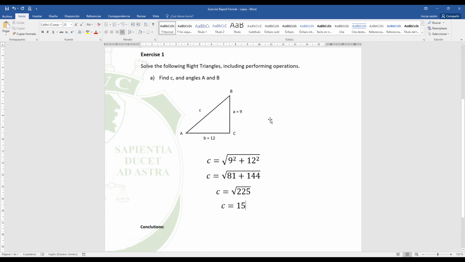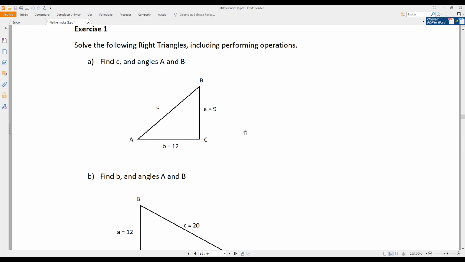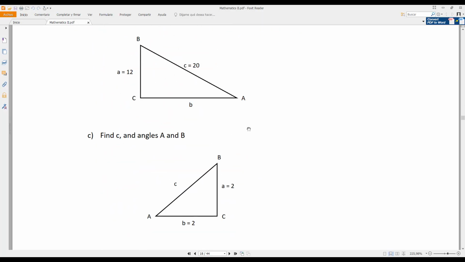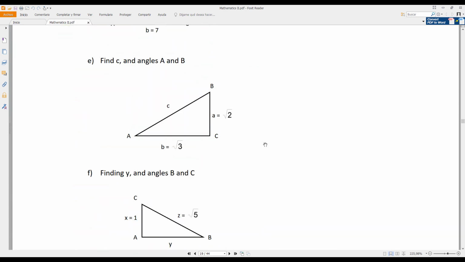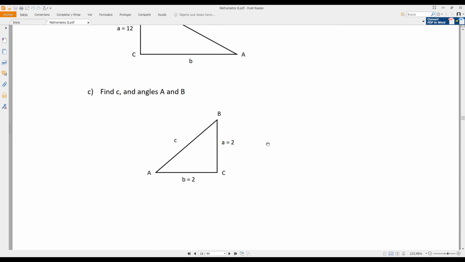Okay, this is all that you will do. But you need to solve 6 triangles, 6 right triangles. Exercise number 1 of unit number 2.